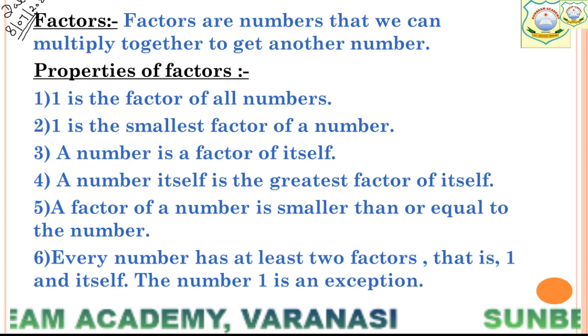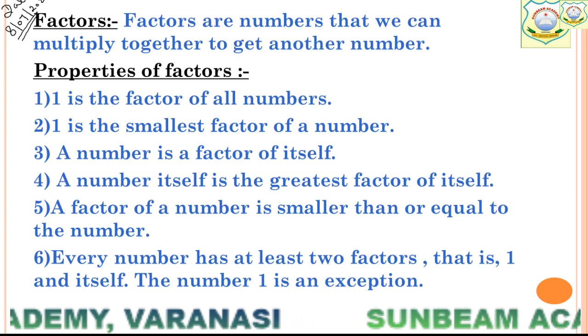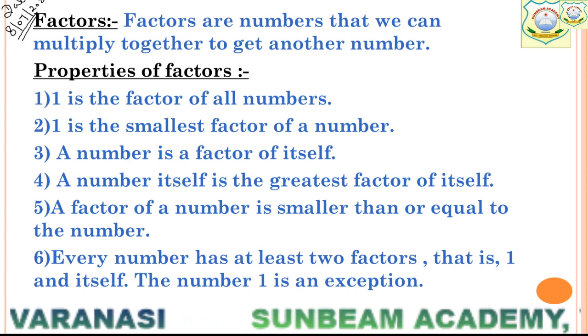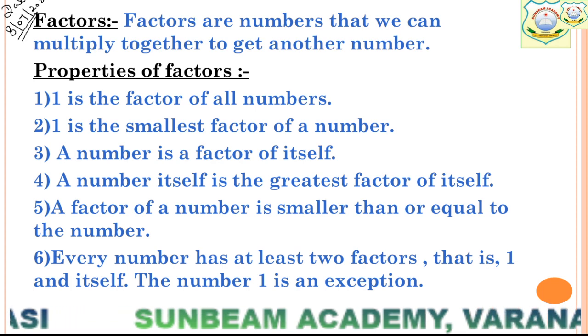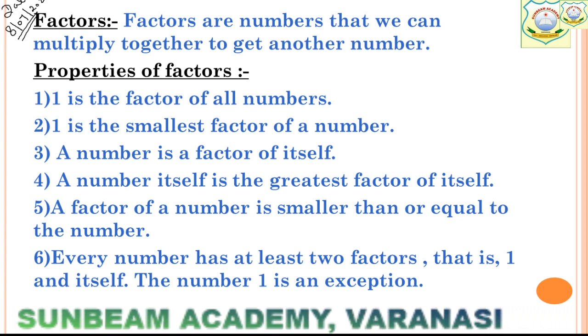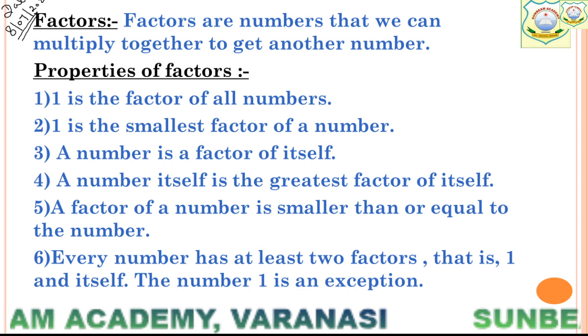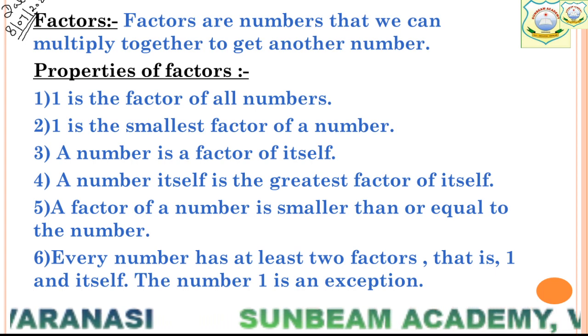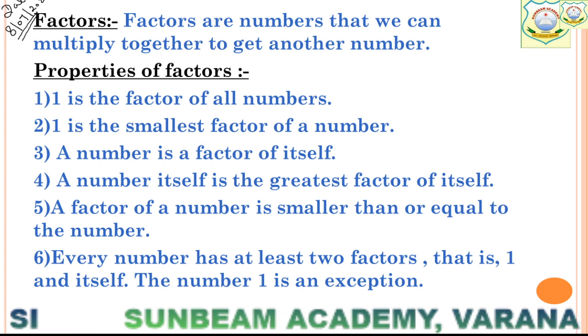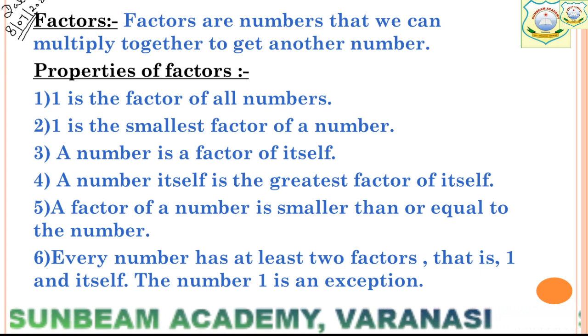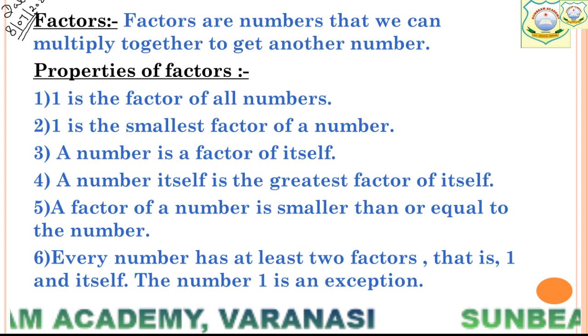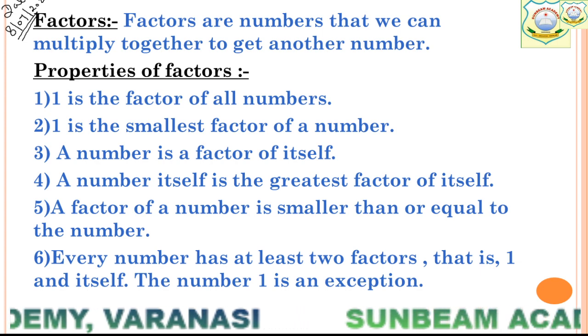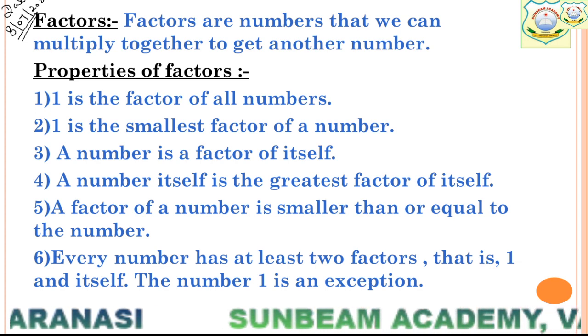Factors are numbers that we can multiply together to get another number. And see, I have written in the same format, black pen, blue pen. So do that. You have to note it down. And don't worry about it. You will get this in PDF, but try to write down here only. So write it down, students. First factors, then its property.